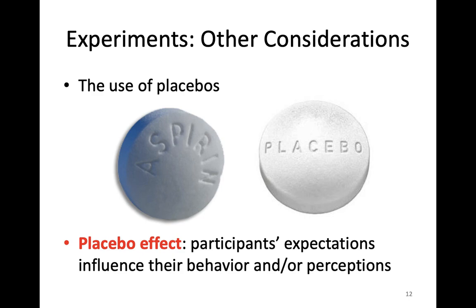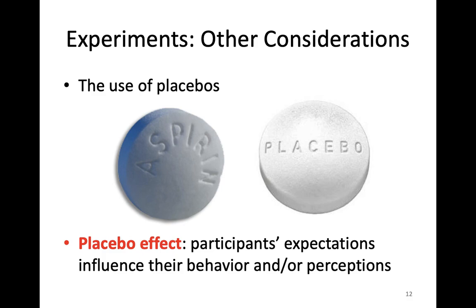A placebo would be getting a shot in the arm that doesn't contain any vaccine. A placebo would be getting an alcoholic beverage that doesn't have any alcohol in it. So a placebo is basically a fake substance. It's inert, as in it doesn't have any of the active substance in it.